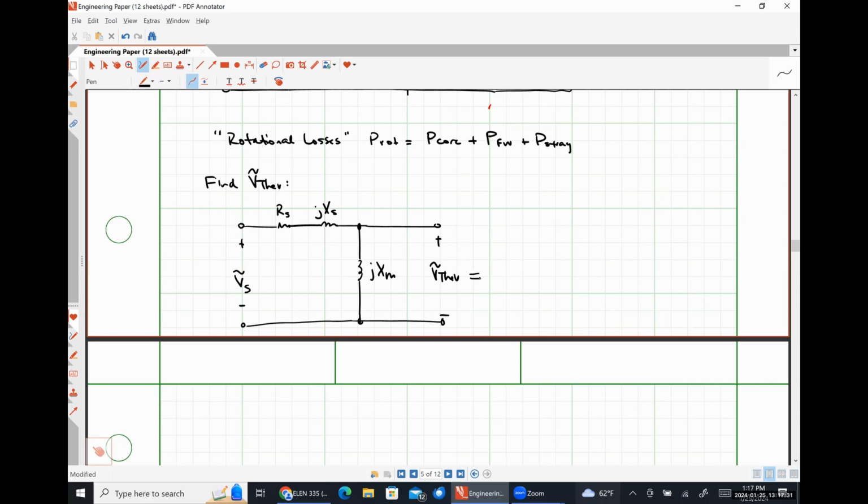So how do I find V Thevenin? What kind of circuit is this? It's a voltage divider. Yeah, so we can just use voltage division, right? So our Thevenin voltage should literally just be Vs times JXm over Rs plus J(Xs plus Xm).